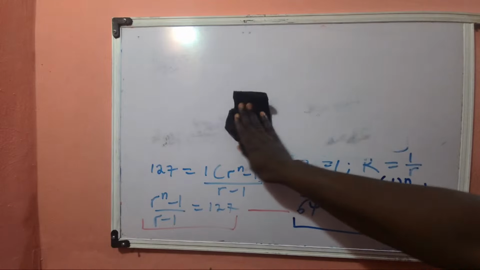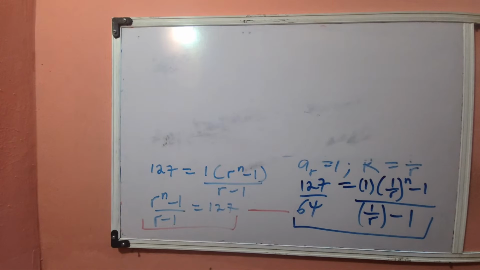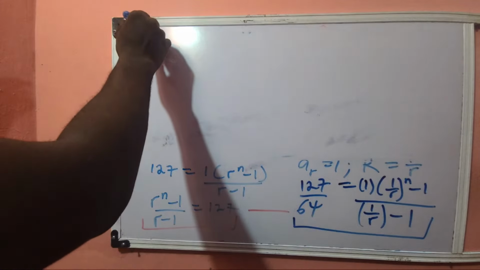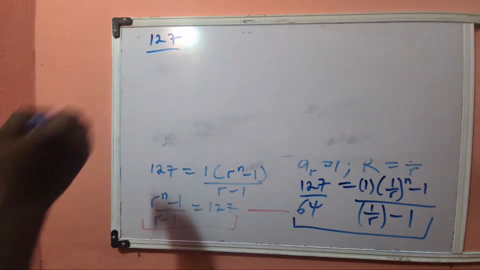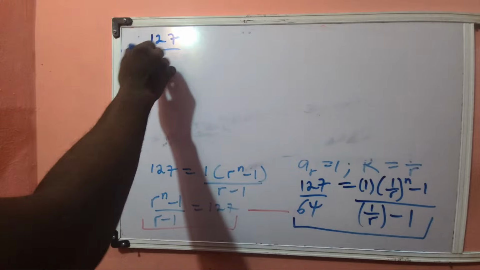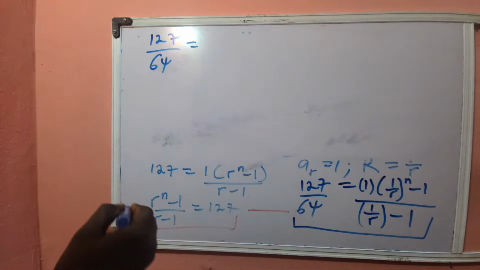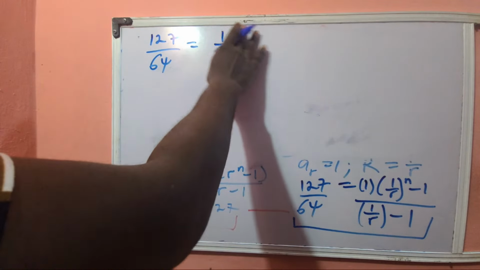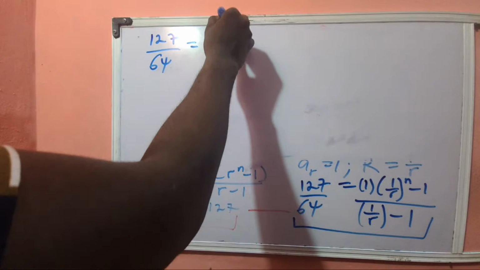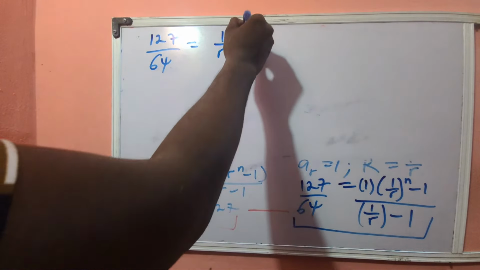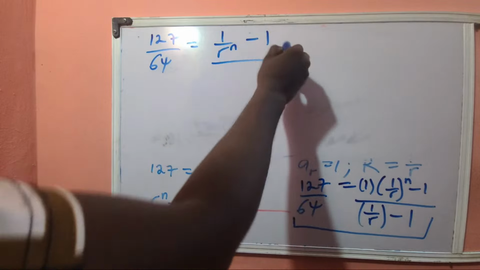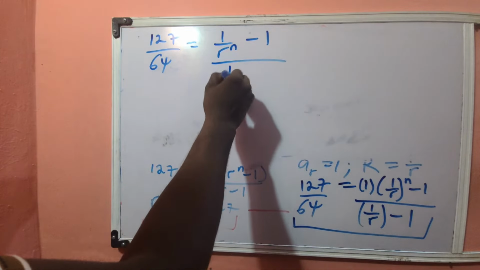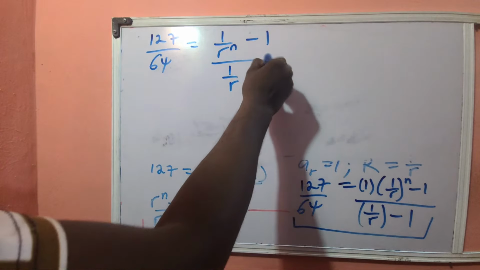All right, now look carefully at what I'm going to do right here. I have 127 over 64 equals, of course, 1 times that. So I can say 127 over 64 is equal to 1 over r raised to power n minus 1, over 1 over r minus 1.